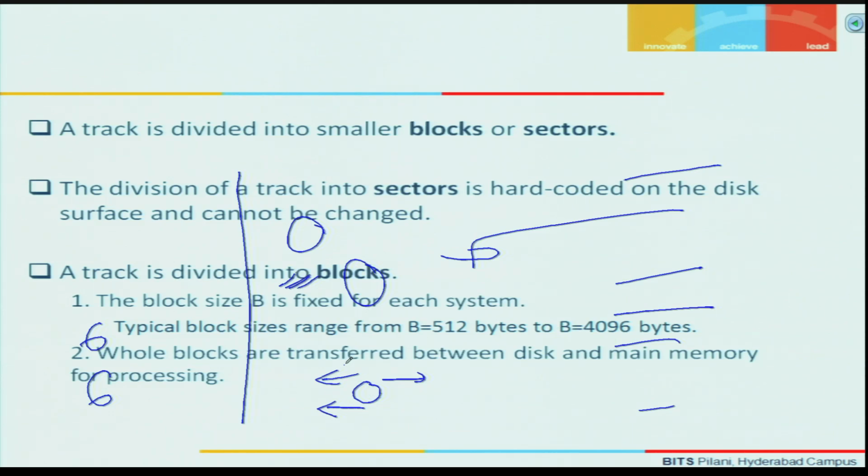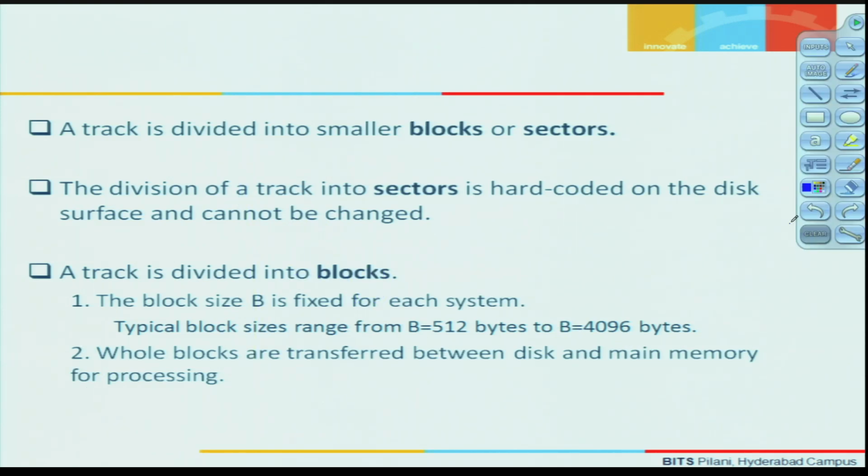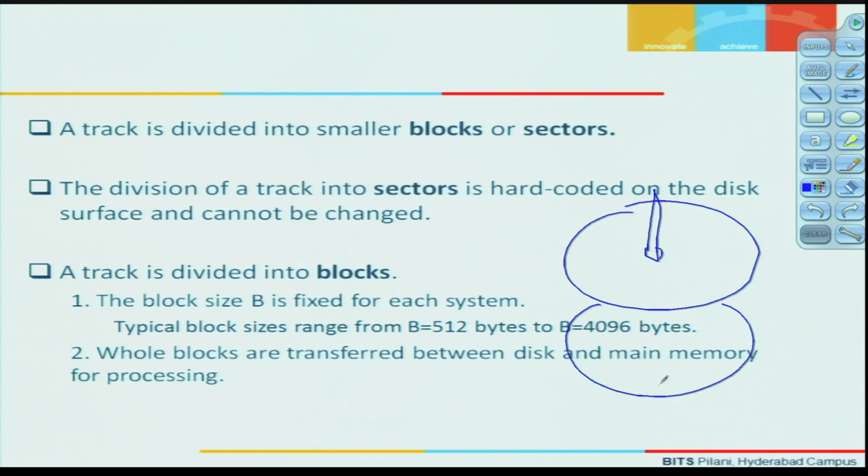Now a track is divided into smaller blocks or sectors. If you consider this as a disk, a pack may contain any number of disks, and let us assume this is the central spindle to which all these disks are connected. Each disk has 2 surfaces, a bottom surface and an upper surface, and the surface of a disk is first divided into tracks.